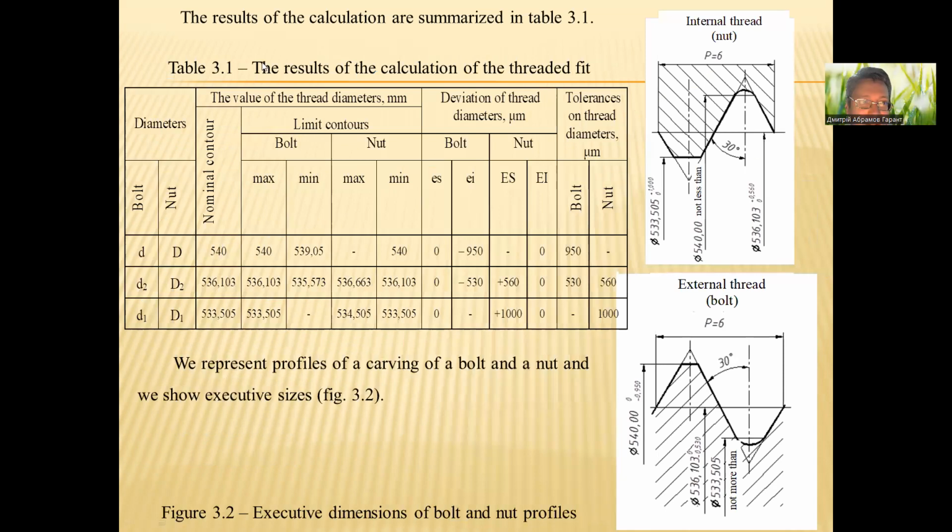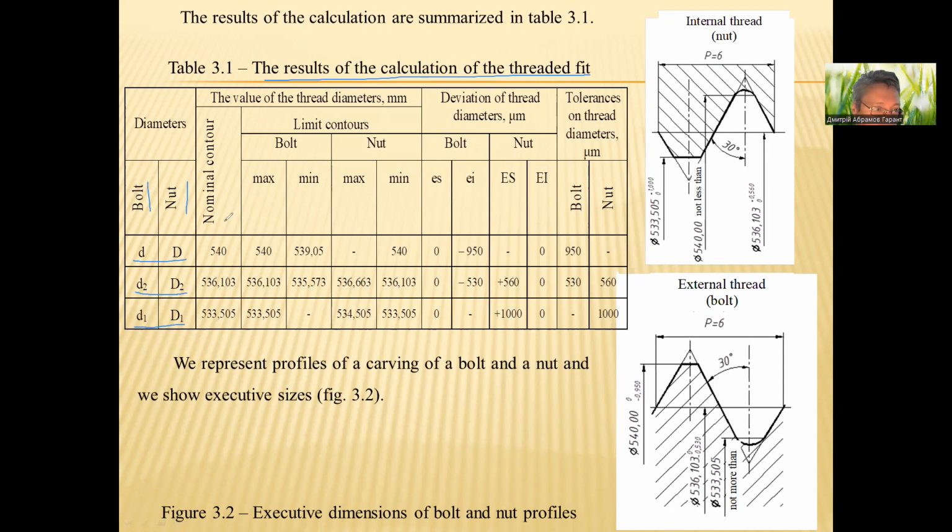And the results of the calculation are summarized in table 3.1. You can see table 3.1, the results of the calculation of the threaded fit. You can see diameters of bolt and nut: outer diameter, average diameter, and inner diameter.